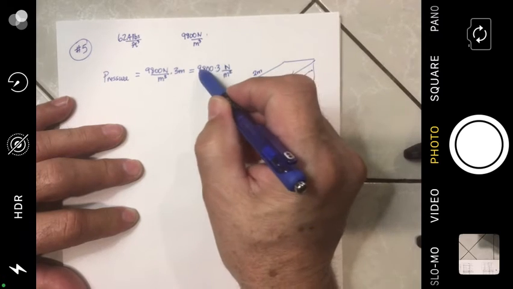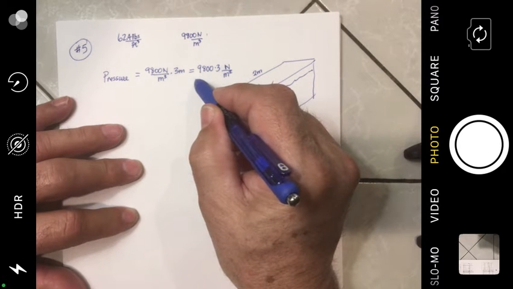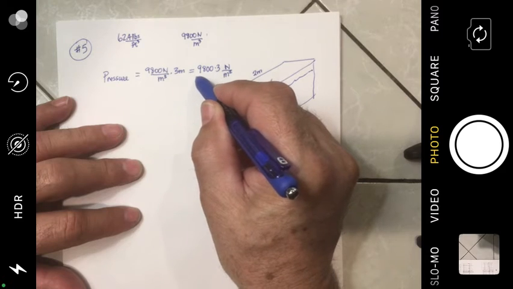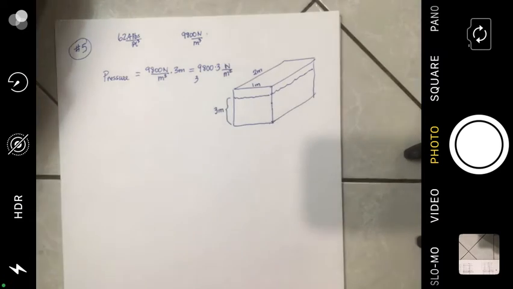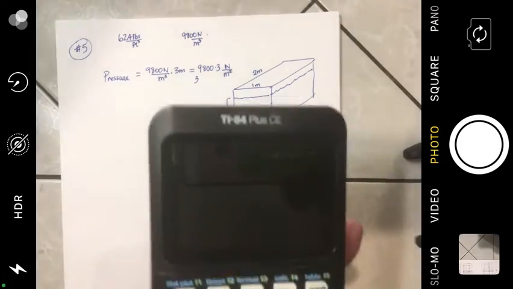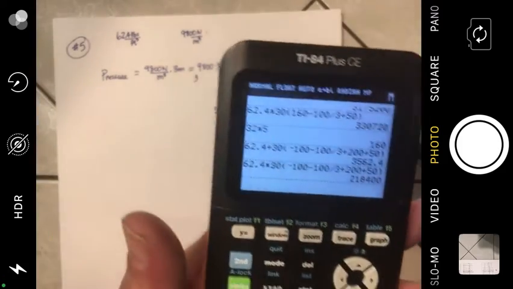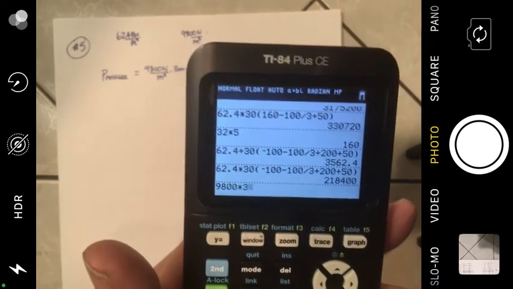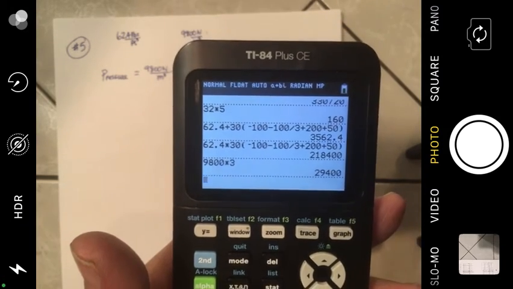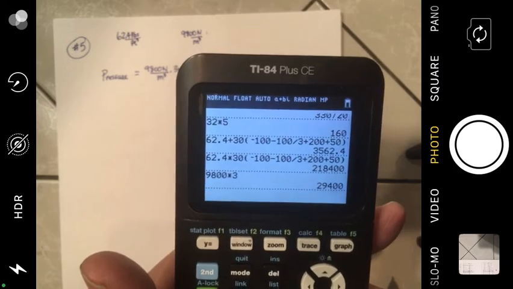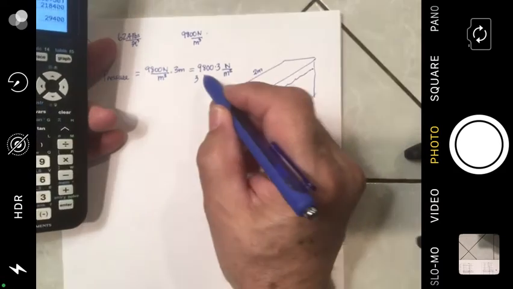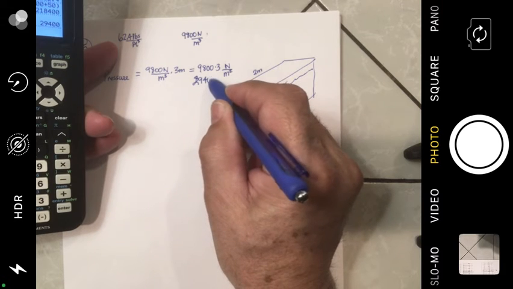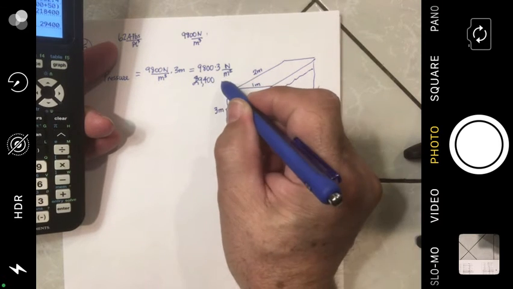I'll try to do this in my head, and I'll probably make a mistake, so I want to do it right. 9,800 times 3 is 29,400. Yep, I would have made a mistake.